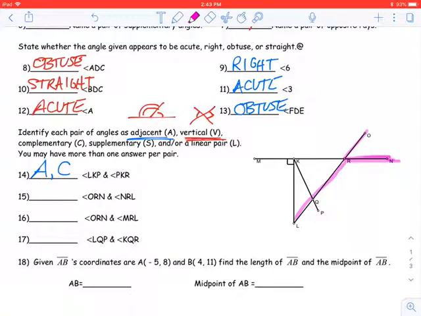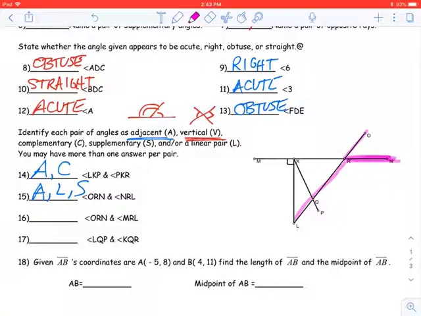Okay, so as you can see, they share a side. So that's adjacent again. And look at what happens when you put them together. See how they make that line? So if they make a line together, that's a linear pair and it's supplementary. Supplementary because that's 180. Linear pair because they're next to each other making a line.